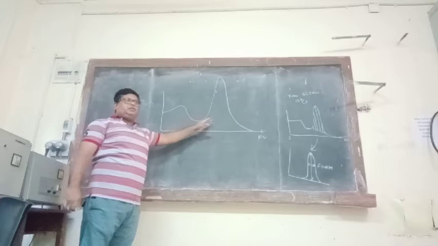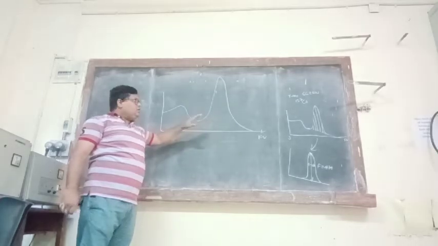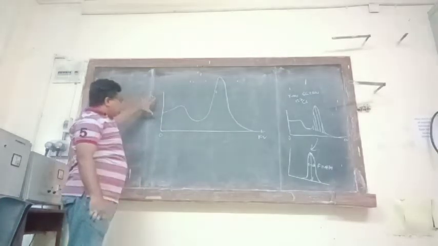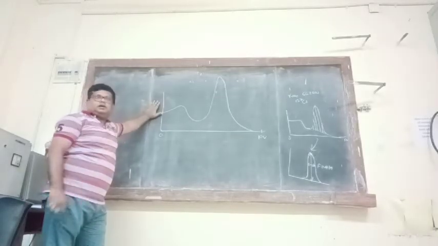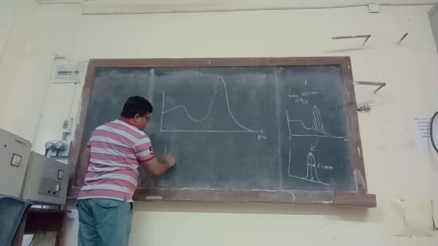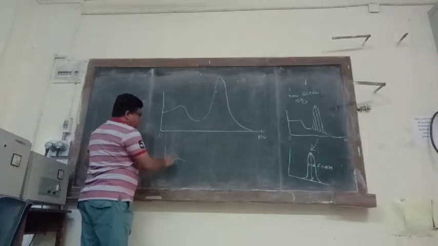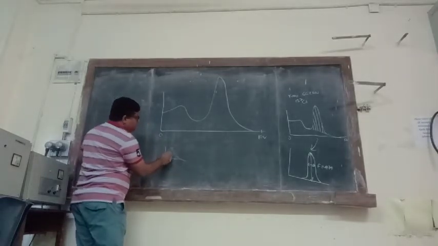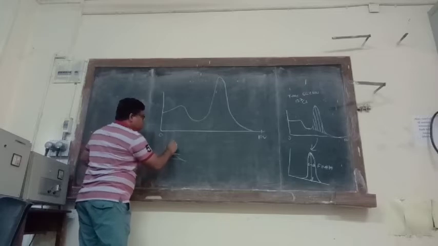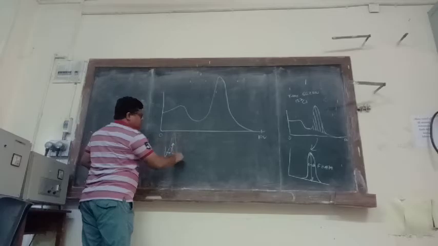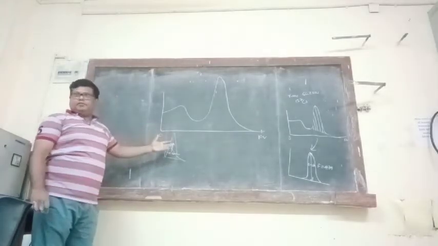Now inside the modules, when you get the counts or electronic signal from the photomultiplier tube, the signal is very weak, it is not very good, and you have to shape the signal. You have to decrease the width of the signal, and also increase the height of the signal. This is done in a module known as the amplifier.